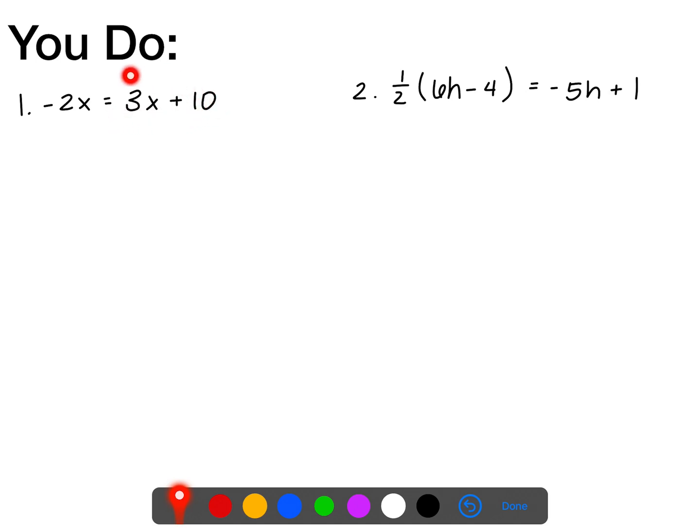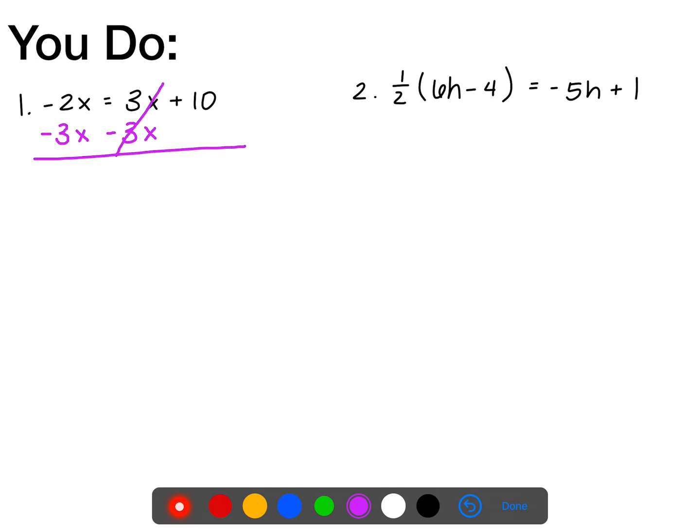I want to start getting the x's by themselves. So since there is just an x term over on the left side, it's better practice in this situation for me to move the 3x over. Just makes less steps. You wouldn't be wrong if you ended up moving the 2x over, you're just going to have more steps. So in order to keep it as simplified as possible, I'm going to move the 3x over.